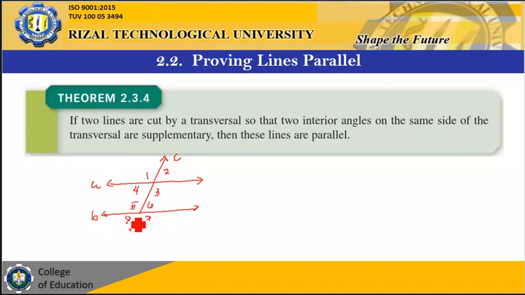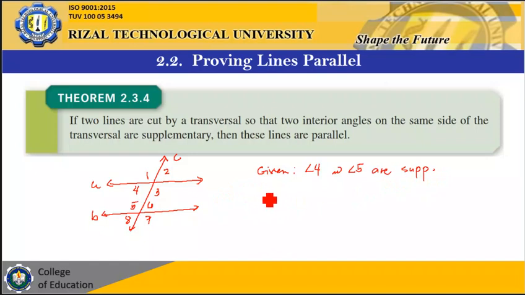You just need to name two interior angles on the same side of the transversal. So in this case, let's suppose angle 4 and angle 5. So angle 4 and angle 5 are supplementary. Okay?